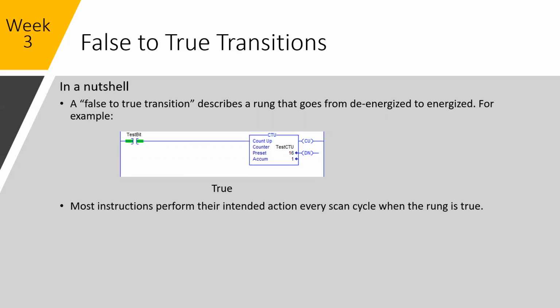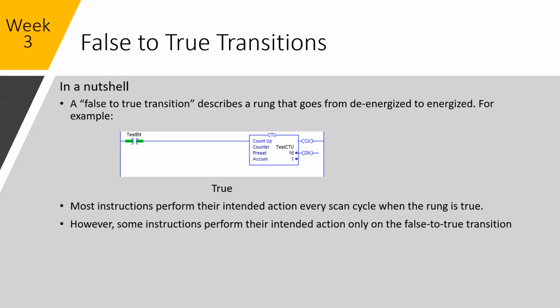So most instructions perform their intended action every scan cycle when their rung is true. However, some instructions perform their intended action only on a false to true transition. So if you had a move instruction where, if the test bit were true, it moves a value into another value, every single scan cycle the move would execute.